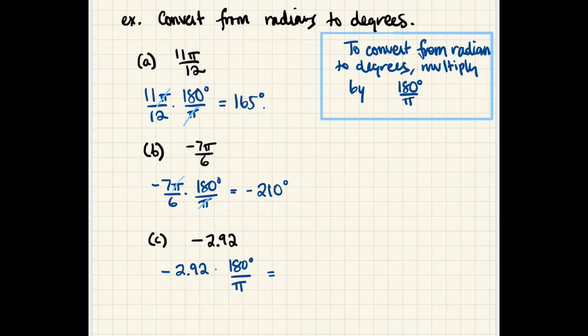And I get on the calculator negative 167.3036762 degrees. But let's round that to the nearest degree because we have 3 significant figures in the initial value. So that would be negative 167 degrees. And there we are.